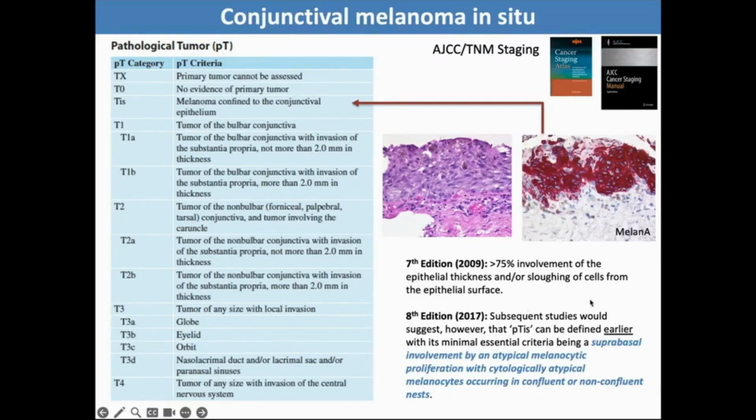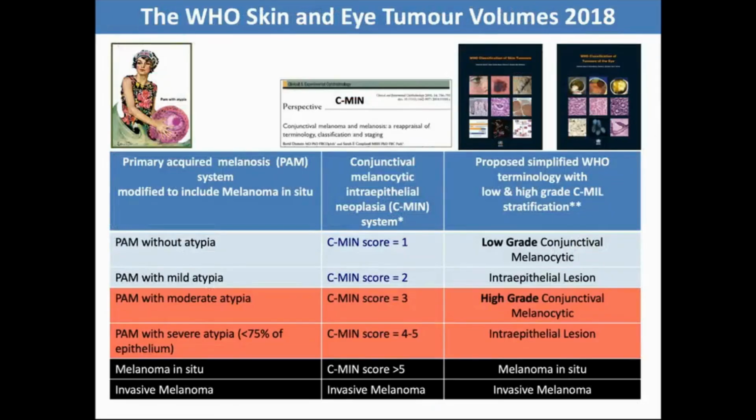Over time it has been modified such that it doesn't require full-thickness sloughing off of the cells, but can be defined early if you have the presence of either isolated or confluent atypical melanocytic nests.